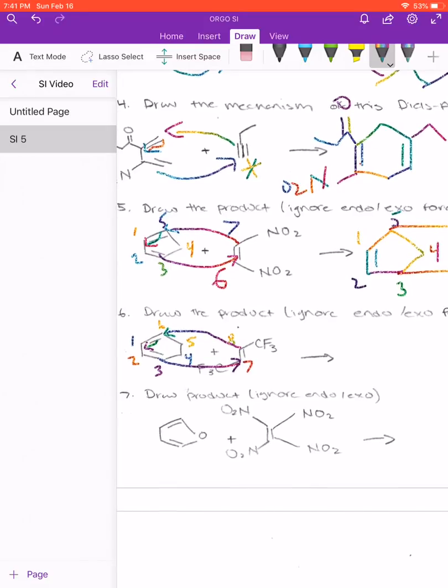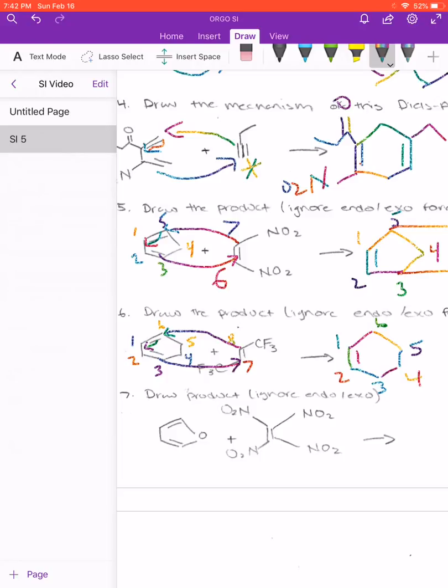So here we have that molecule, right? And we have carbon number 1, 2, 3, 4, 5, and carbon number 6. Now, carbon number 5 and 4 were not even touched, but carbon 6 and carbon 3 were attached to the dienophile.